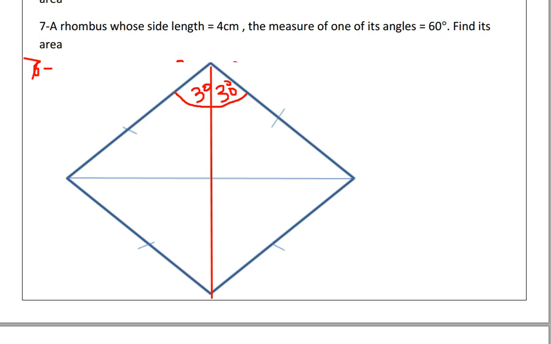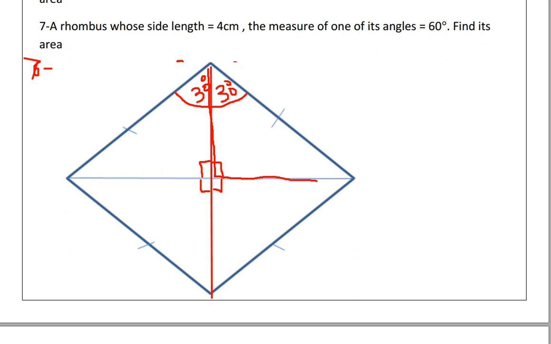Okay, so what do we have here? We have two diagonals, and as I said before, they are perpendicular, which means we have 4 right angles and 4 right angle triangles. Let's focus on one of them, this one.